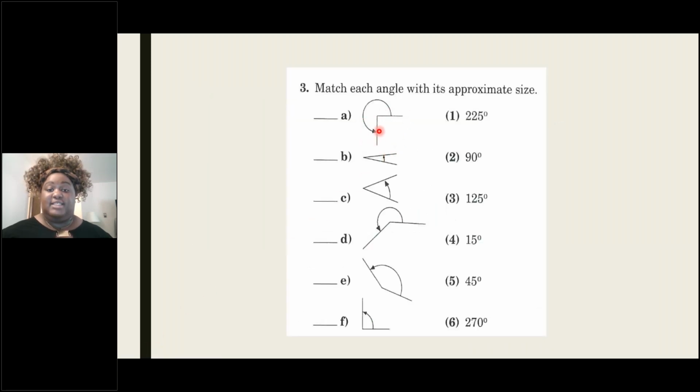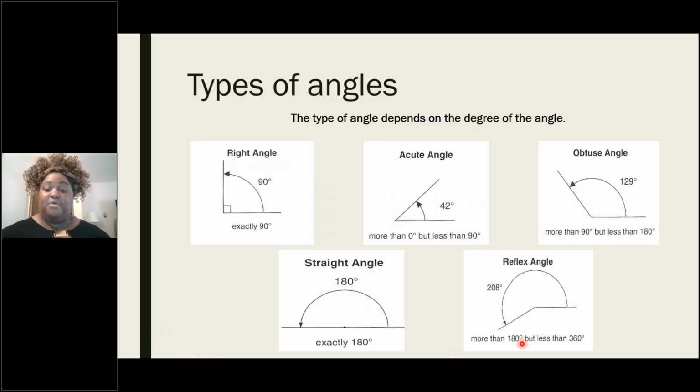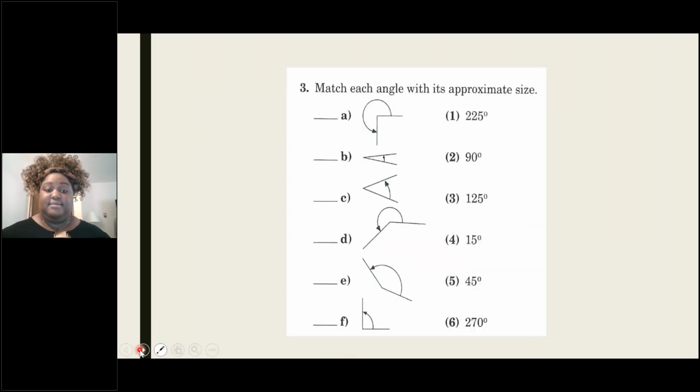So what that lets us know is that it should be going back more than 180 degrees, but less than 360. So looking at our choices here, it could be number 1, won't be number 2, won't be 3, 4, won't be 5. So it could be 1 or 6.